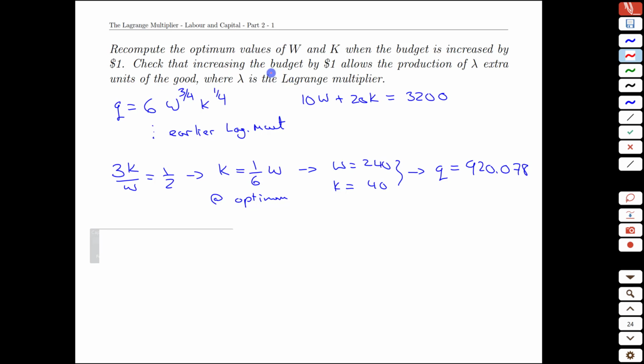Now we want to investigate the possibility of increasing our budget by $1, so changing this to 3201. There's two ways we can handle that. One is to recap all our calculations again, and the other is to look at our interpretation of lambda as representing the change in the function over the change in G, while our change in G here is the same as our change in budget.